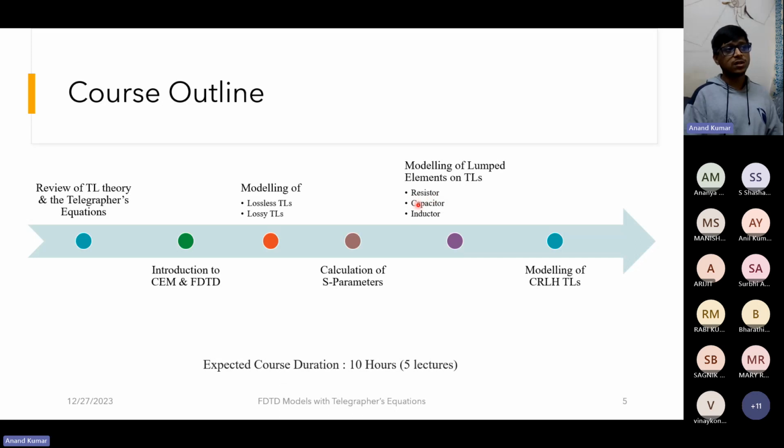We'll discuss resistors, capacitors, and inductors, whether they are in series or in shunt on the transmission line. If we have time left, we'll see modeling of composite right-left-handed transmission lines. We'll see if we can reach there. This will be our aim. So this is the course outline. Any questions on this?